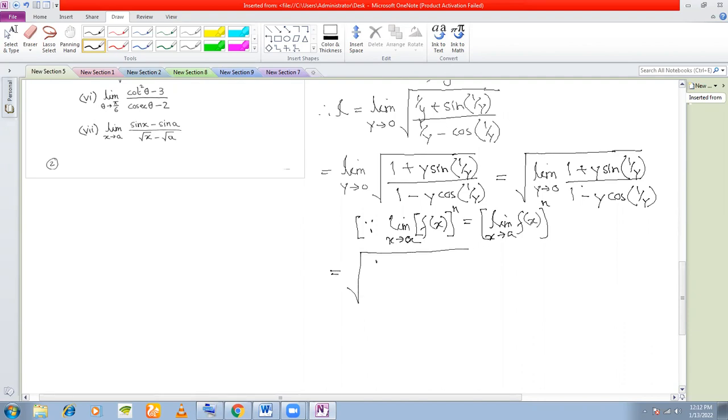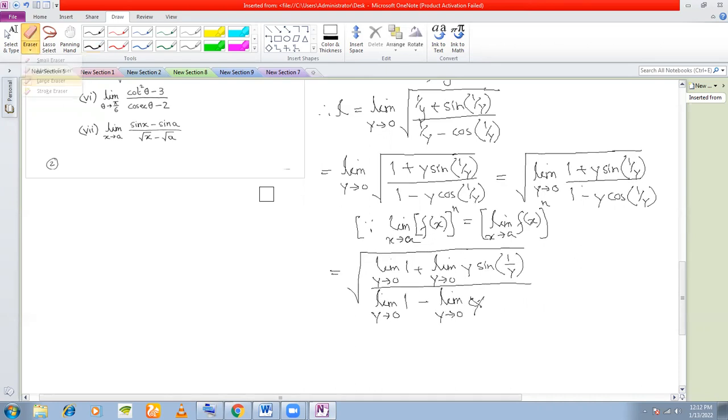So inside the radical, it is going to become limit y tends to 0, 1 plus limit y tends to 0, y sine 1 by y, divided by limit y tends to 0, 1 minus limit y tends to 0, y cos 1 by y, right?